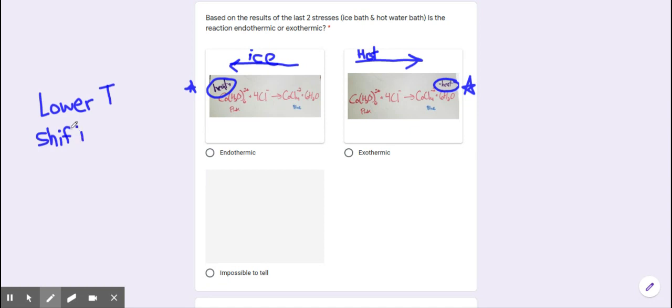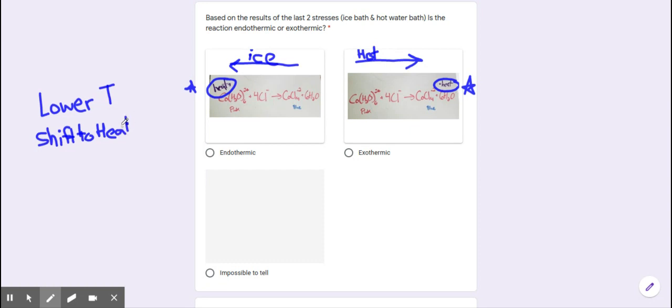Oh, I forgot the T here in shift. Good thing I didn't forget the F. Shift to the heat. So now, if you raise the temperature, it would be the opposite. It would shift away from the heat.